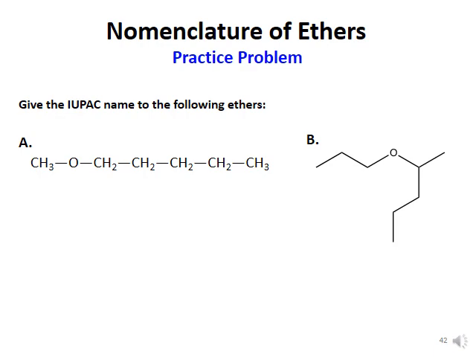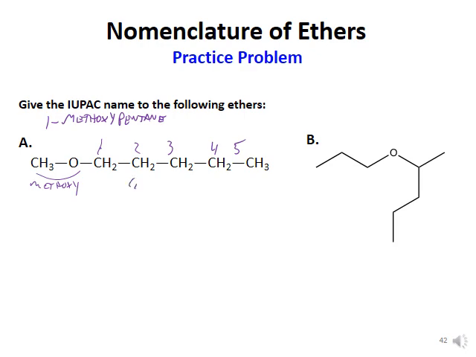IUPAC name for that first one: the methoxy group is smaller. 1, 2, 3, 4, 5. So that's definitely going to be a pentane. So 1-methoxypentane.